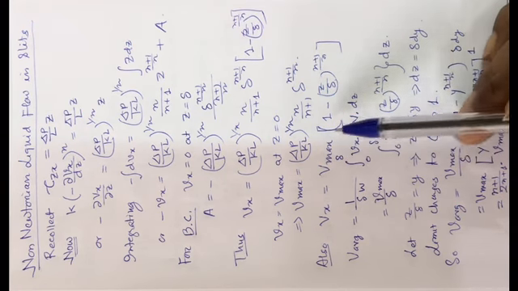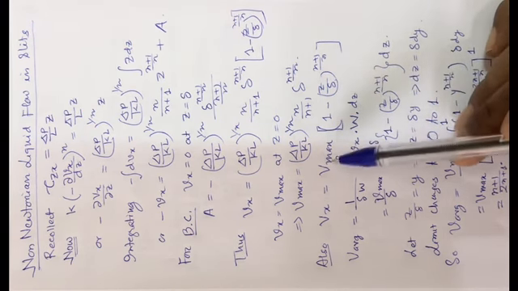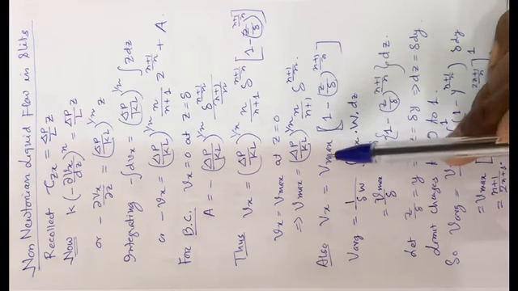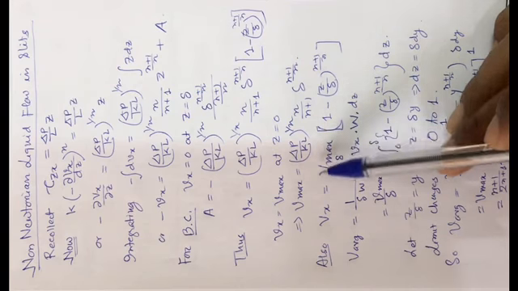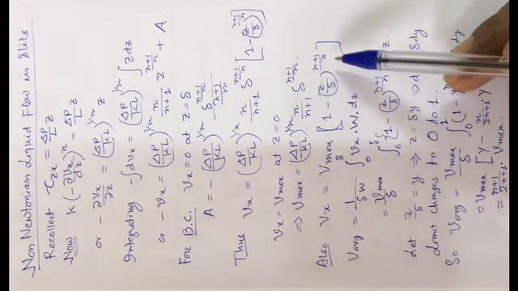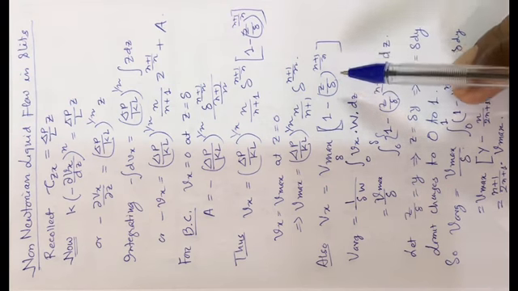So this is actually quite easy to remember: V max into 1 minus relative position to the power n plus 1 by n. This is a kind of constant which is independent of the position. Okay, only this part is a function of position.